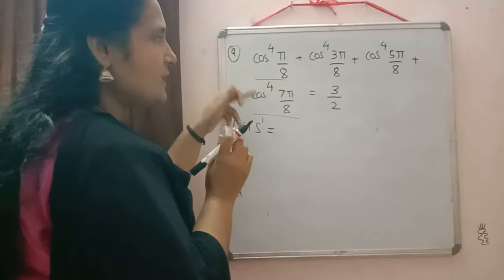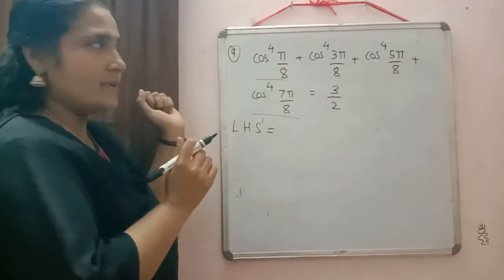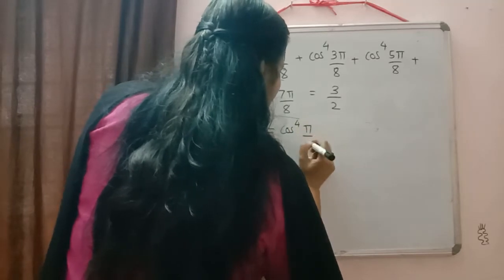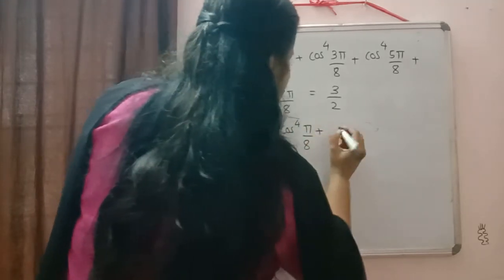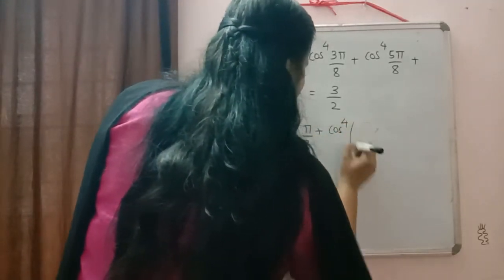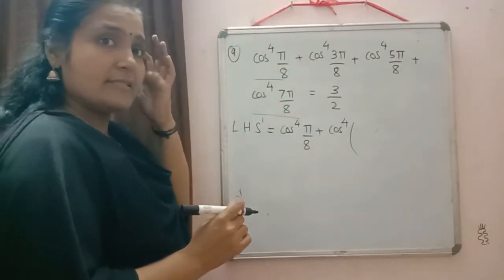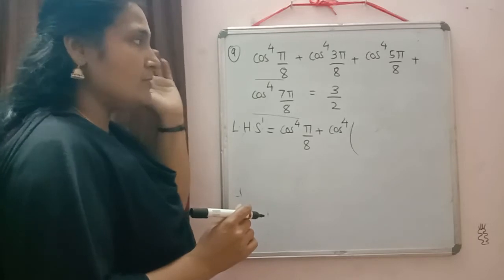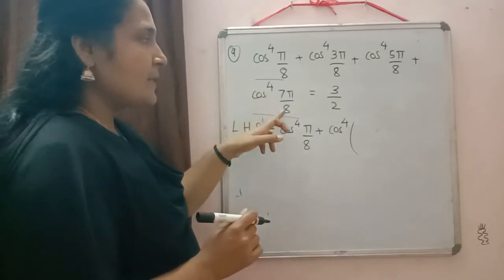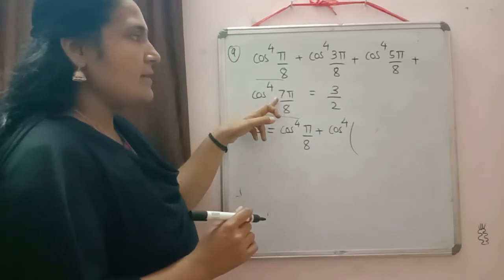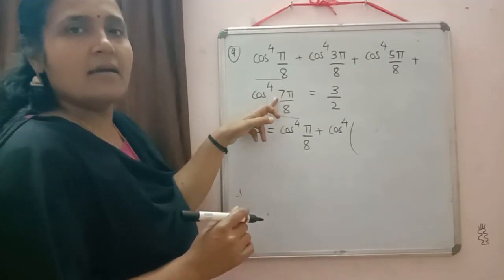So out of these two, any one we will change now. So cos raised to 4 pi by 8 we will write as it is plus this one, cos raised to 4 7 pi by 8. How are we rewriting? Yes, in the multiplication table of 8, what is the number nearest to 7 pi? 8 only.